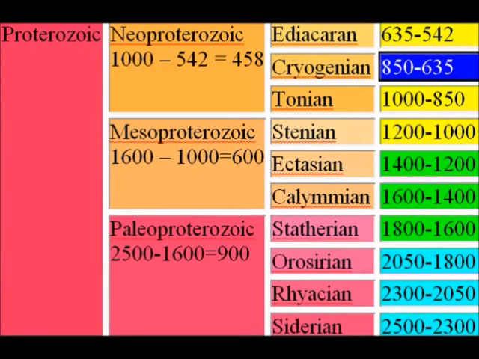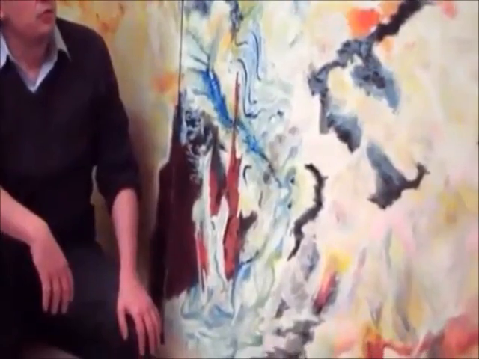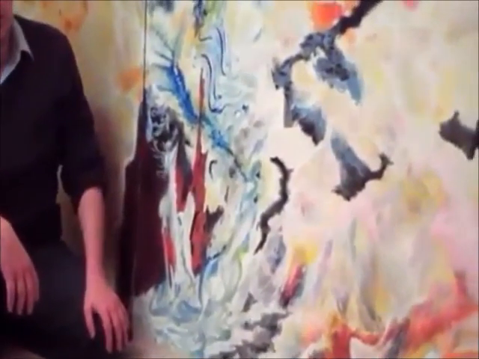This next painting looks at the period of time called the Cryogenian Period. This painting in progress is called the Cryogenian. It's a period from 850 to 635 million years ago. Most importantly, during this time, we saw two major glacial events.